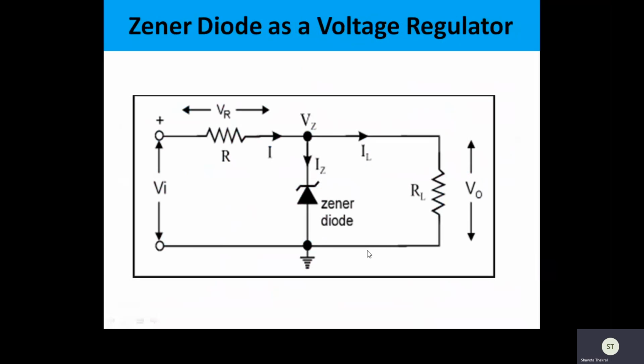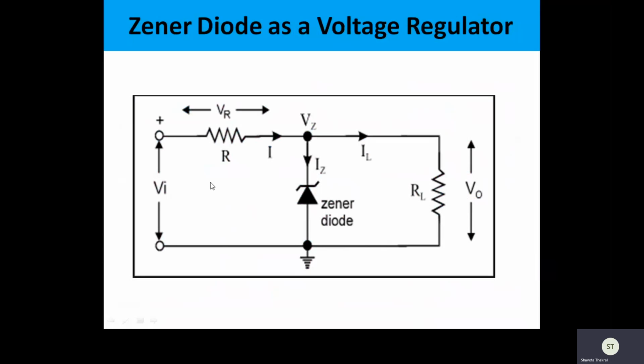So this is the application we have shown here, that we can utilize the Zener diode as a voltage regulator. What is the meaning of regulation? Regulation means the output voltage is maintained constant across the load, irrespective of change in the supply or the change in the load.